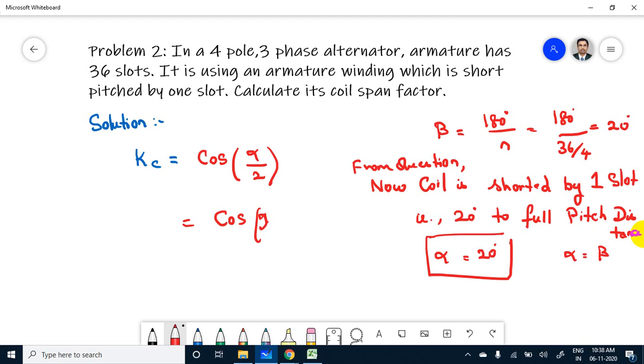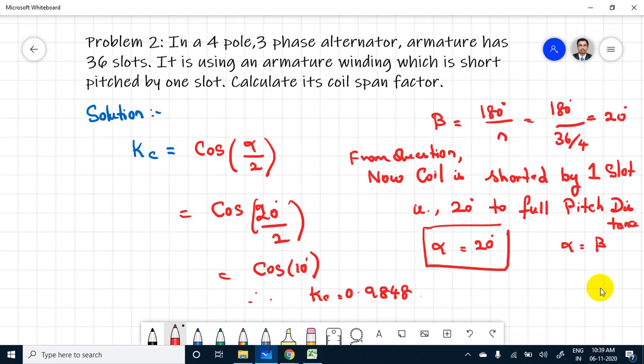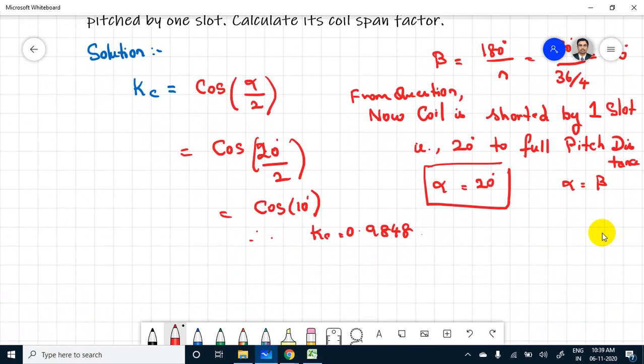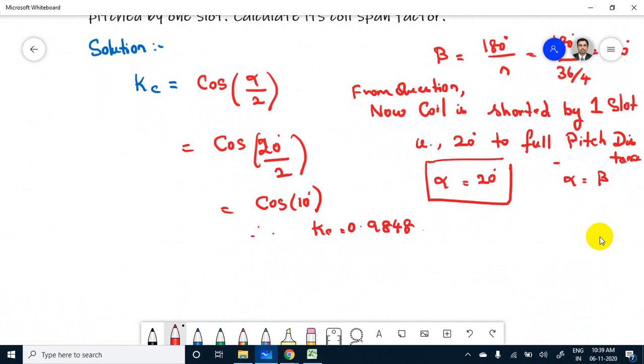So this 20 we have to substitute here. 20 degree divided by 2. So how much? Cos of that is 0.984. Therefore Kc equal to 0.9848. Okay, understand? So when the coil is short pitched by one slot, the alpha value will be equal to the beta value. Please note down: alpha equal to beta.